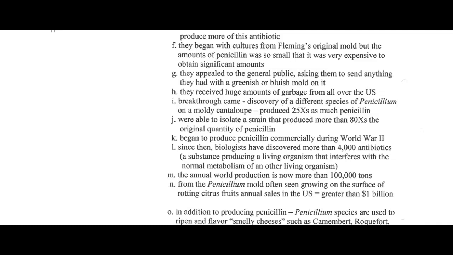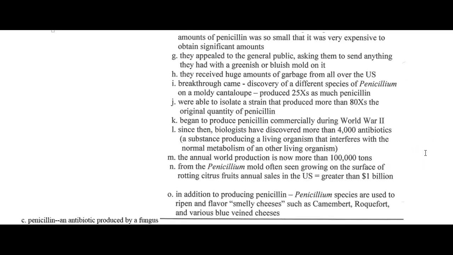So they actually began to produce penicillin that worked, and that was during World War II. Since then, they've discovered more than 4,000 antibiotics, substances produced by a living organism that interfere with the normal metabolism of another living organism. So antibiotic, against life: bacteria and fungus, chemical warfare.